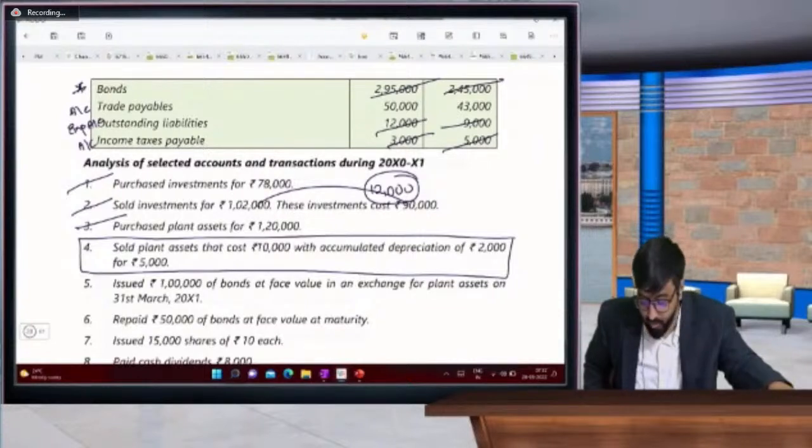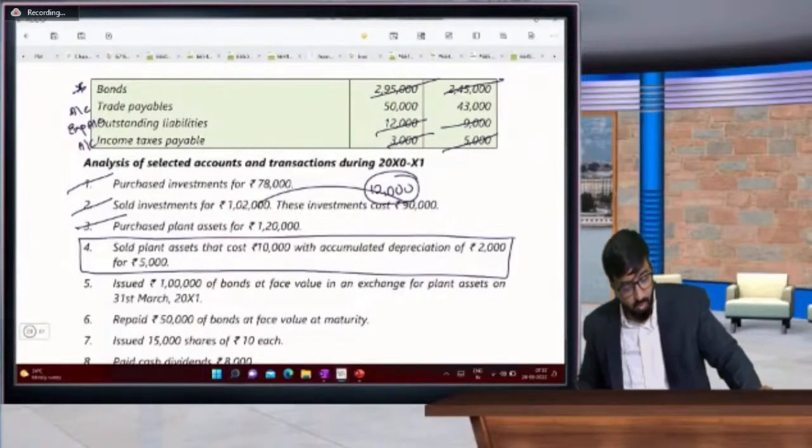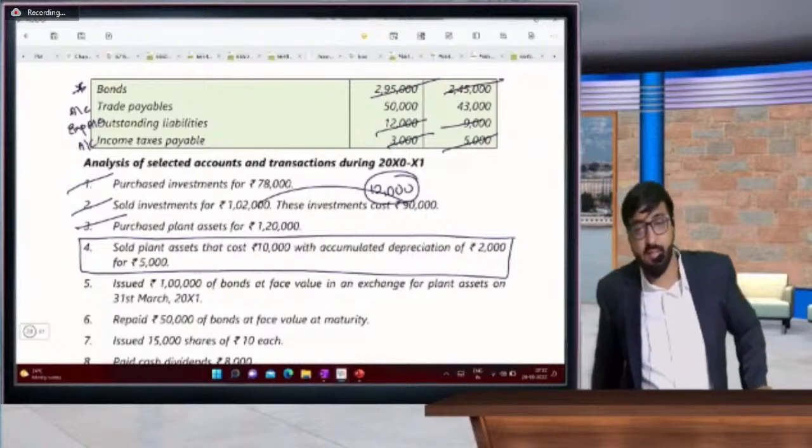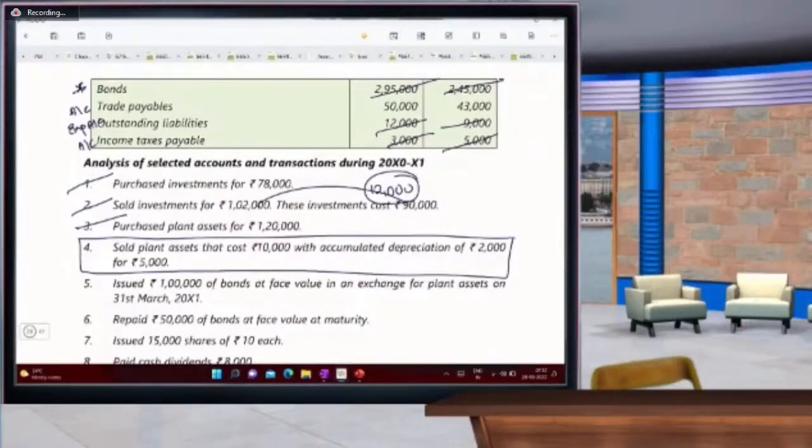How many entries are you going to pass for selling of assets? Come on, tell me quickly.